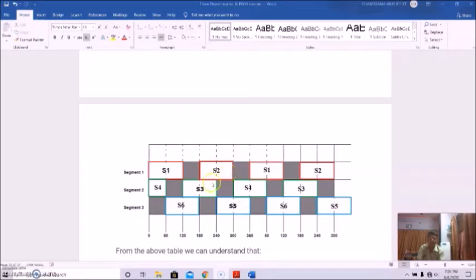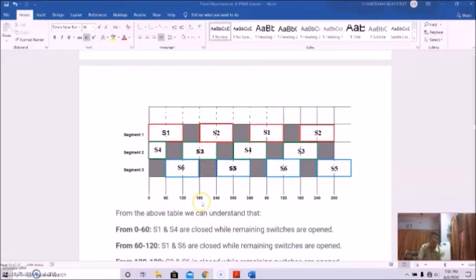Then S3 from 120 to 240, then S4 from 300 to 60 degree, and so on. And for this one it is 240 to 360, and then again 60 to 180. In this way this is the pattern for segment 1, segment 2, and segment 3.